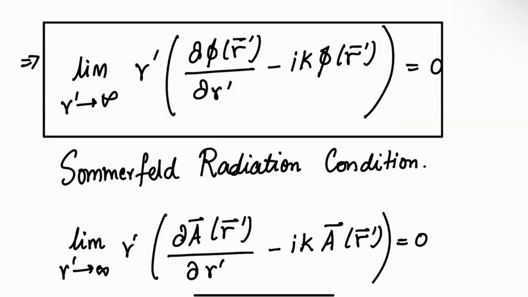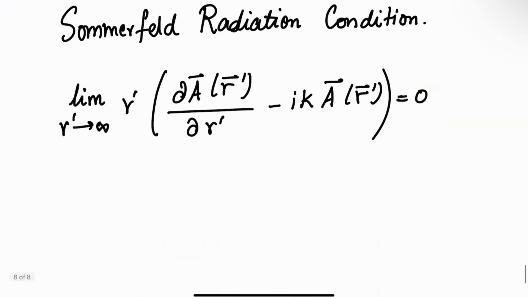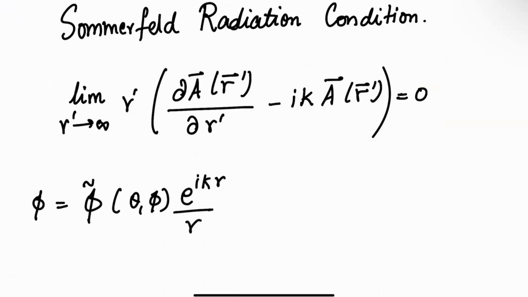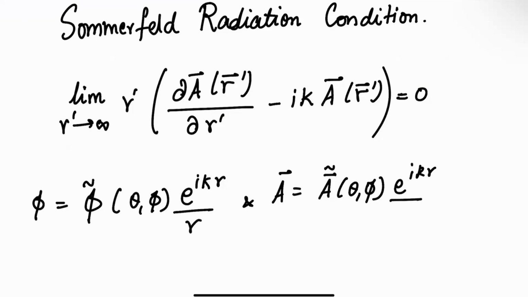You can pretty easily show that functions of the form phi equal to some phi tilde of theta comma phi, e to the ikr over r, and A equal to some A vector tilde of theta comma phi, e to the ikr over r, are the kind of functions that satisfy these relations.